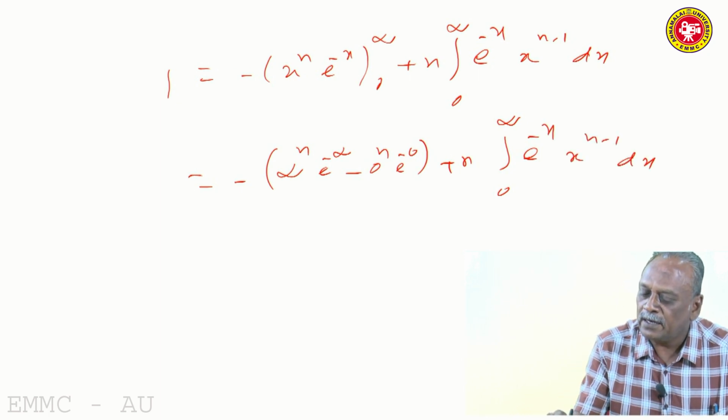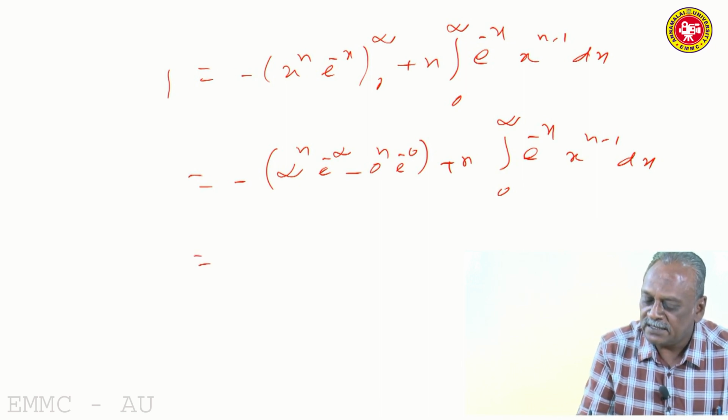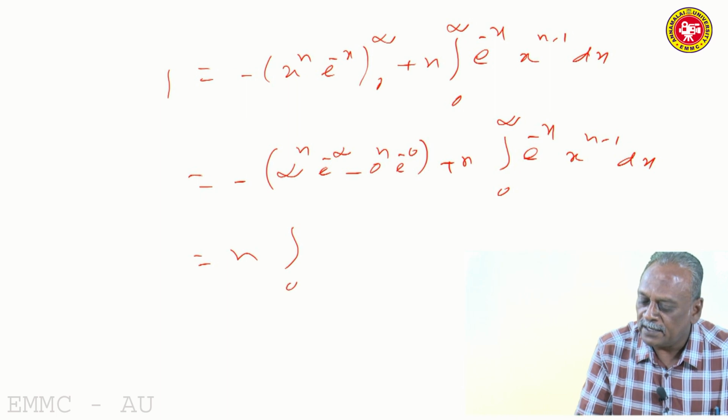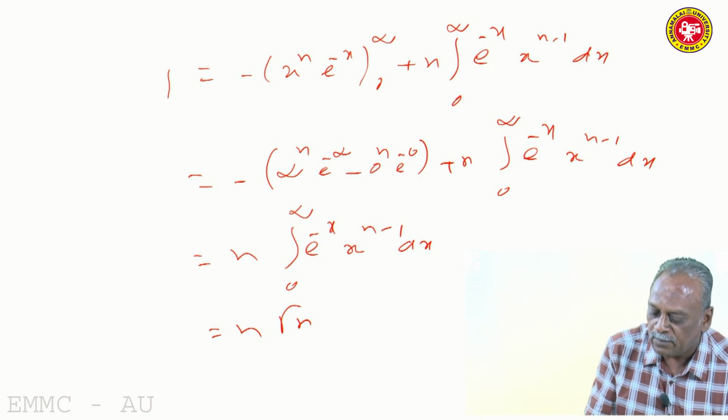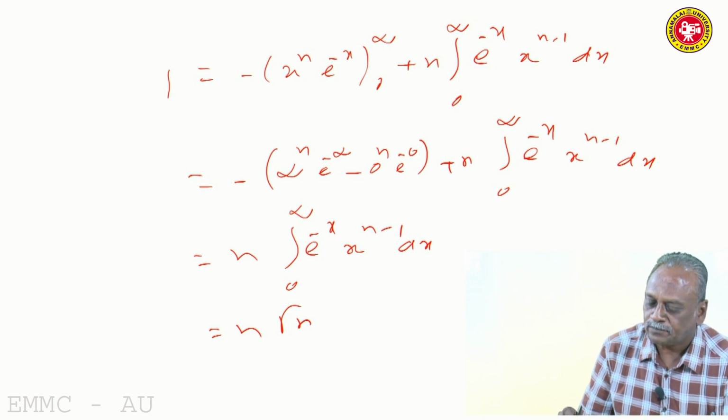The boundary terms both vanish, so we get n into integral 0 to infinity e power minus x, x power n minus 1 dx. This is nothing but gamma n. So we have proved gamma n plus 1 equal to n into gamma n.